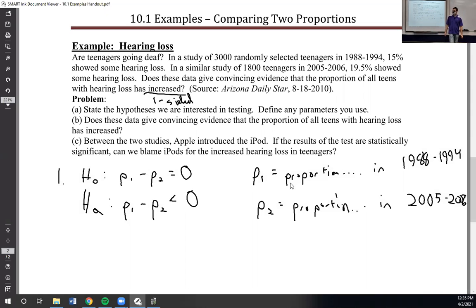P1 minus P2 is less than 0. Another way that some people like to state this null and alternative is the null is P1 equals P2, and the alternative is P1 is less than P2. In other words, P2 is bigger. If it helps you to write things out that way, then feel free to do that.